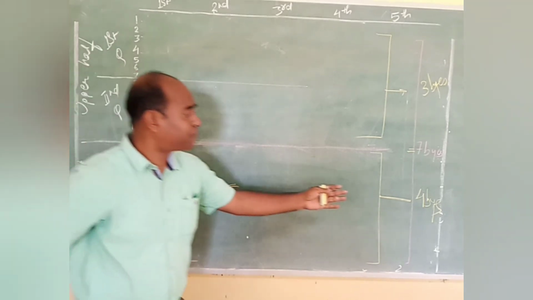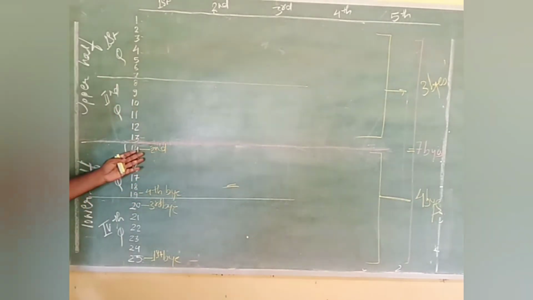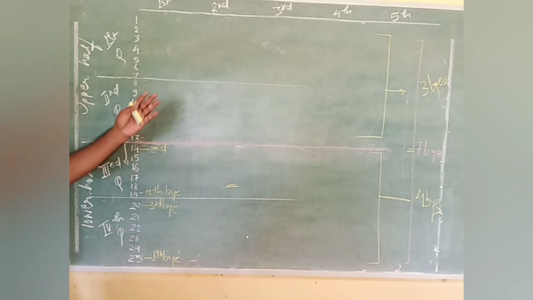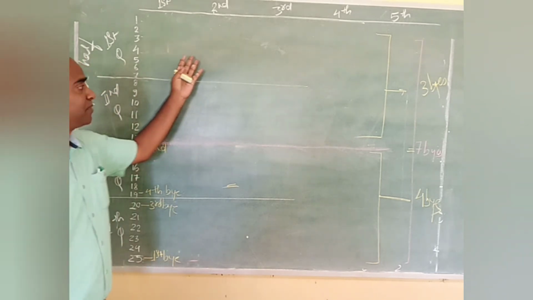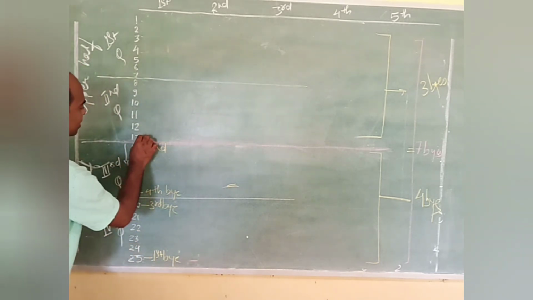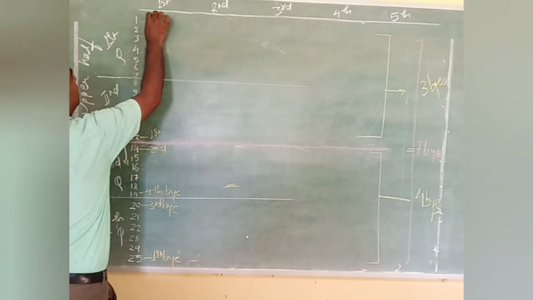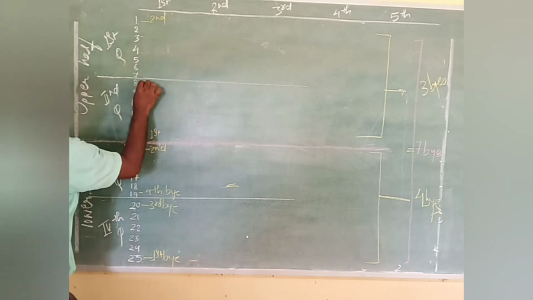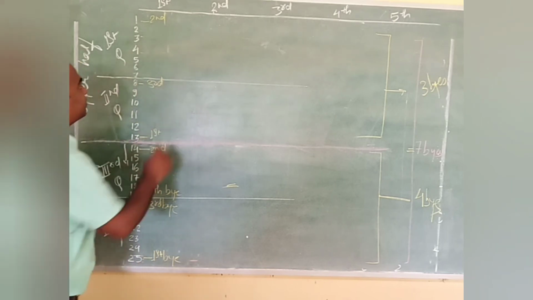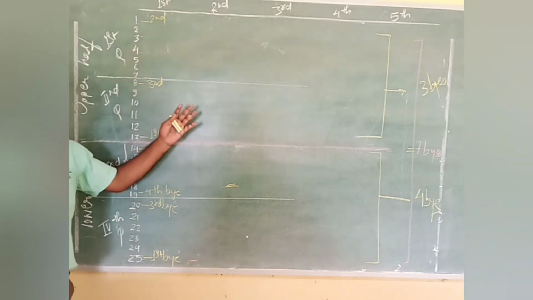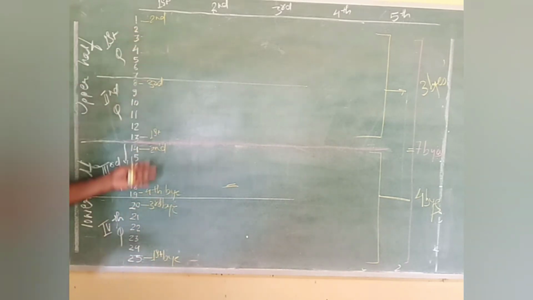So the lower half's 4 byes are divided in the third quarter and the fourth quarter. Now 3 byes are given in the upper half: first bye, second bye, and third bye. This way all 7 byes are given.